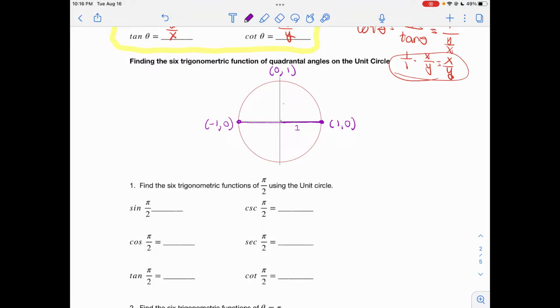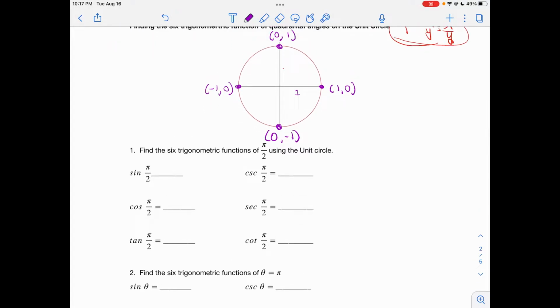And if I wanted to do 270 degrees, my x is 0 and my y is negative 1. So those are key points on our unit circle. If you know those ordered pairs, we should be able to find the sine, cosine, tangent, cosecant, secant, and cotangent of any quadrantal angle on that unit circle.